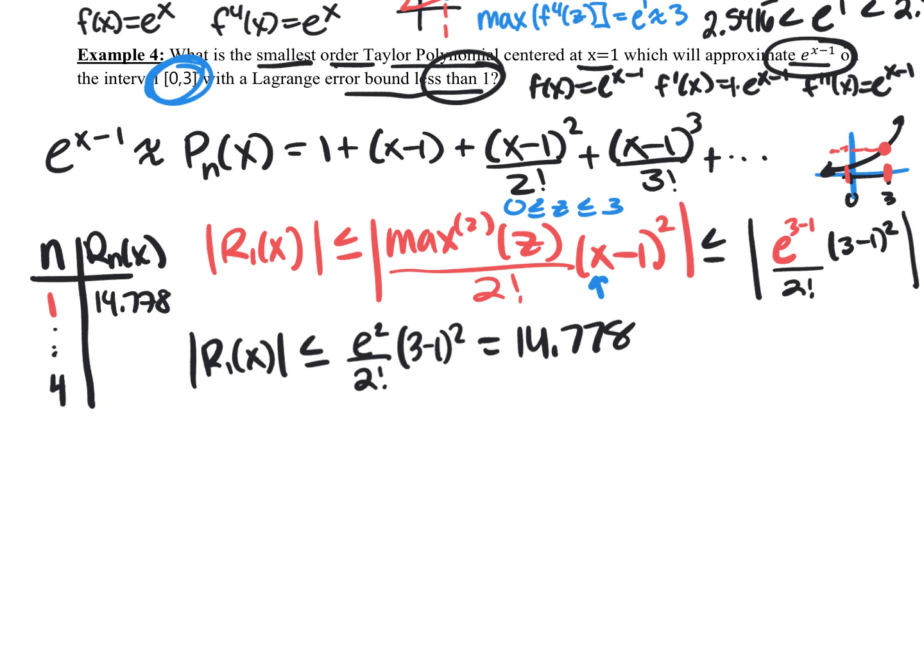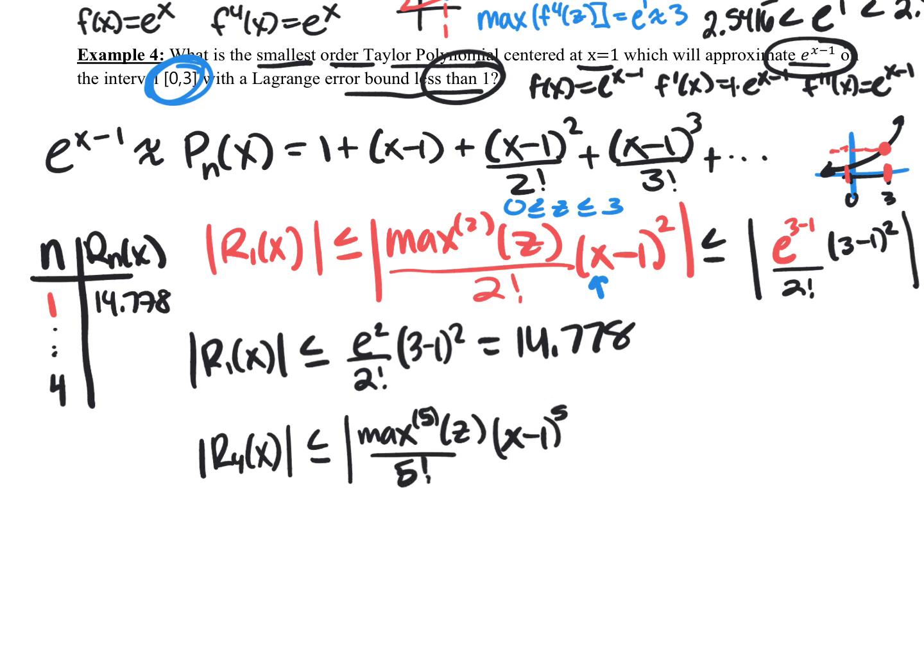So if we go to 4, let's find the remainder for 4. That's going to be the maximum of the fifth derivative for our z in the same interval. Again, we're going to use x minus 1 to the 5th power, over, I'm sorry, we should be looking at the 5th, because we're using the 4 terms.